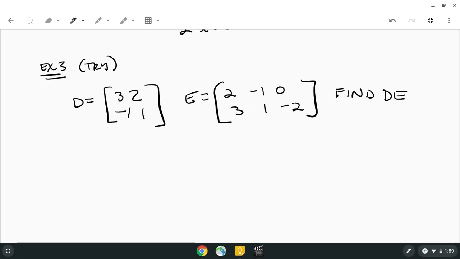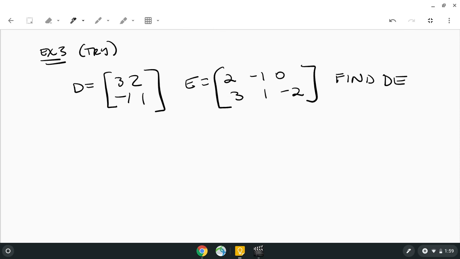All right, so first of all, let's just check together to see if this is possible. Actually, you do all the checks too. So go ahead and hit the pause button and see if it checks out, if you're able to do this, and figure out what size matrix your answer will be.